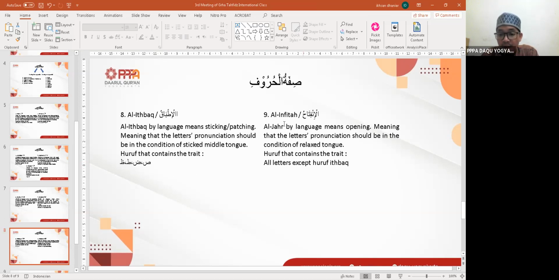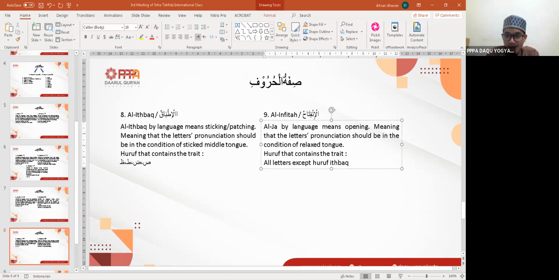And al-infitah, the opposite of al-itbaq, again, I mistyped. I'm so sorry. I was a little bit rushed. Al-infitah by language means opening, meaning that the letter's pronunciation should be in the condition of relaxed tongue. So you don't have to move your tongue. You don't have to stick your tongue.